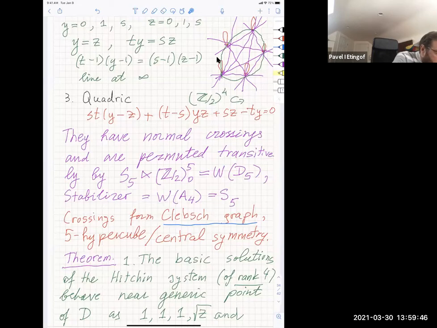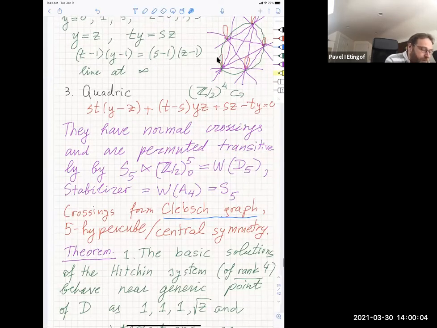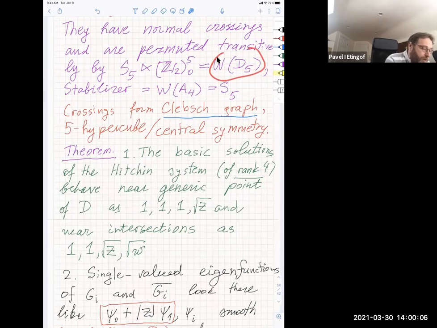So these are all P1s, and they form a graph which is called the Clebsch graph, which is a 5-dimensional hypercube modulo central symmetry. So it's a graph with I think 16 vertices and 40 edges, and very symmetric and so on. Has the symmetry of this group.